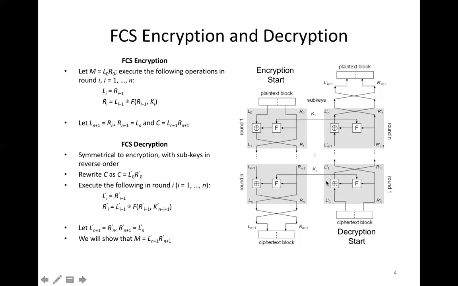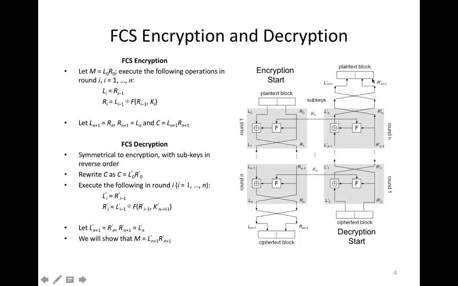So for the first round, you use Kn, but everything else is the same until you get down to L sub n prime and R sub n prime, and then you swap them again.